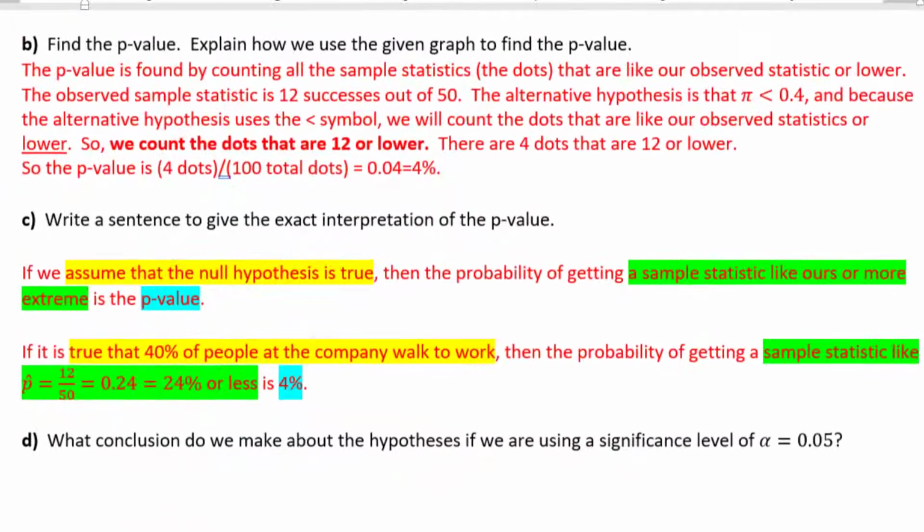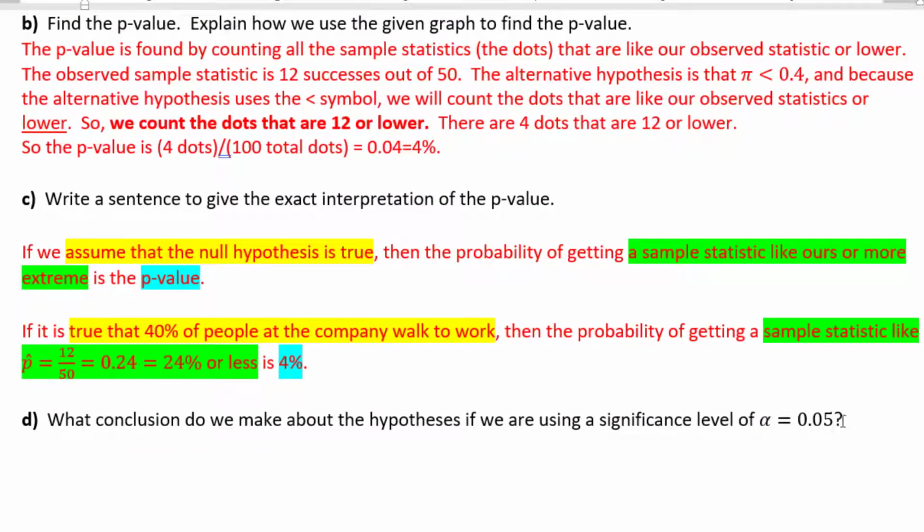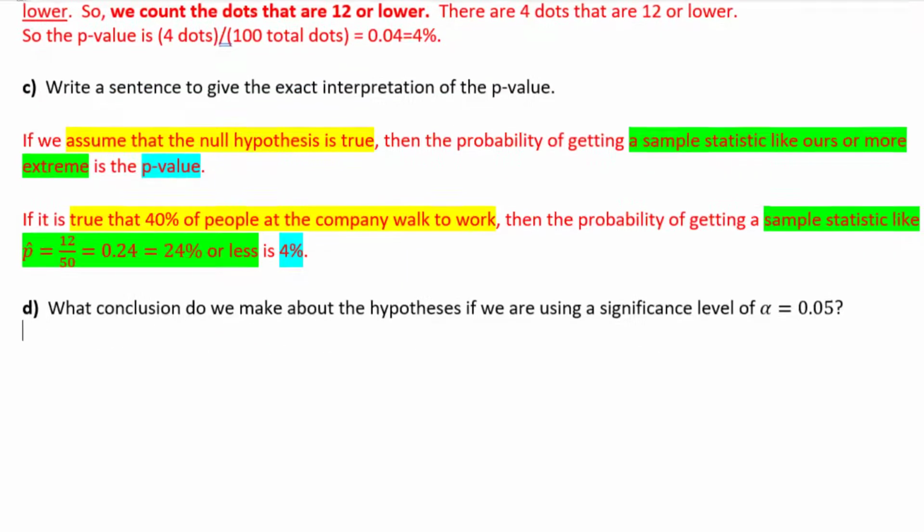Remember, to make that decision, you need to understand the p-value in comparison to the significance level alpha. In our case, alpha is 0.05 and our p-value is 0.04. Our p-value is smaller than alpha. Therefore, we reject the null hypothesis and we support the alternative hypothesis.